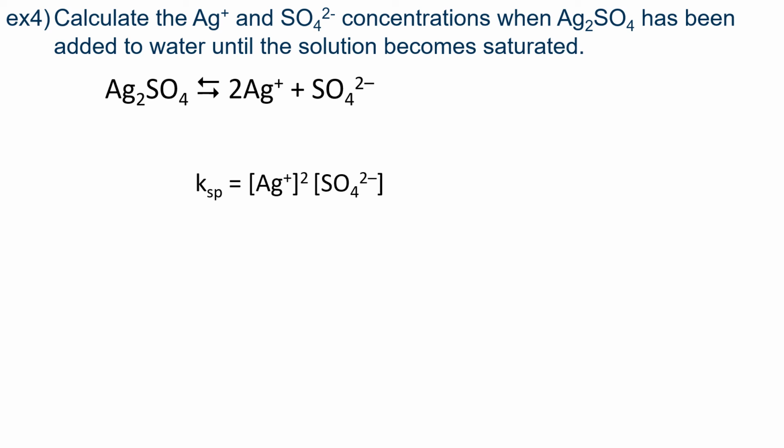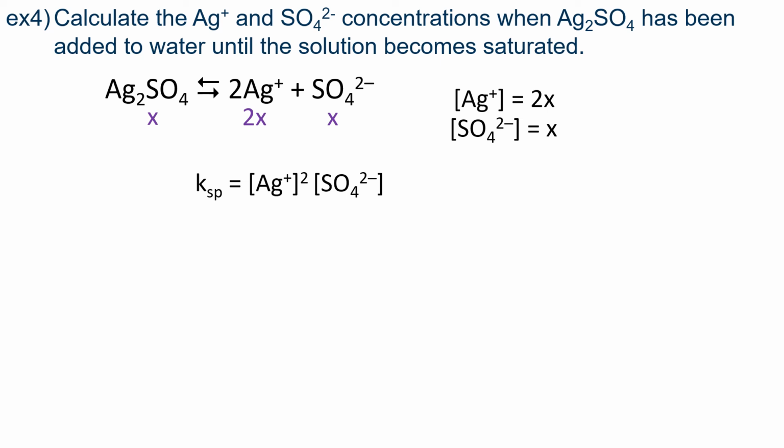So again, we don't know how much silver ion or sulfate will be added, but we do know it's coming from some undetermined amount of silver sulfate being added. So if I add X amount of silver sulfate, it will produce 2x amount of silver ion and X amount of sulfate ion. So when we are done, the silver ion concentration will equal 2x and the sulfate concentration will equal X amount.